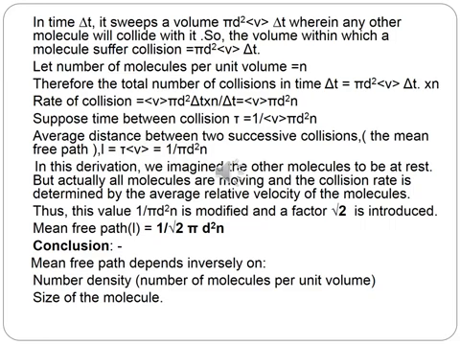Then the mean free path L is equal to 1 by root 2 pi d square n. What are the factors upon which mean free path depends? One is number density, or number of molecules per unit volume, and the second one is the size of the molecule. Mean free path depends inversely on number density and size of the molecule.